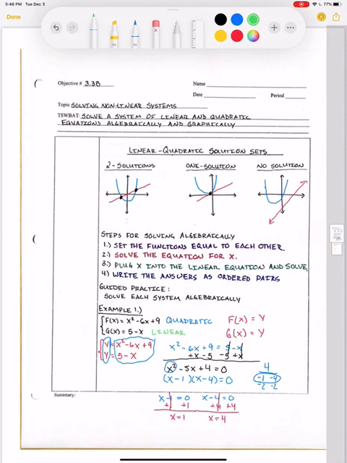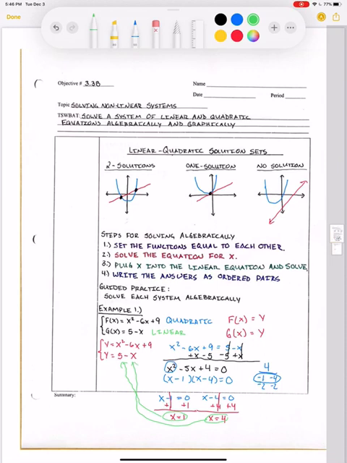Now that I know what x equals, I'm going to take my x values and plug them in to my linear equation because it's the simpler equation.